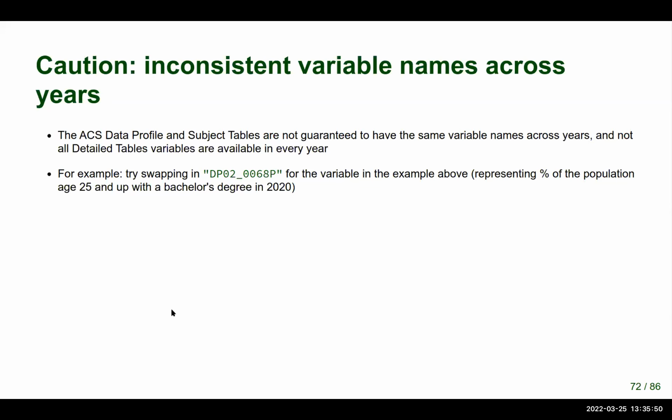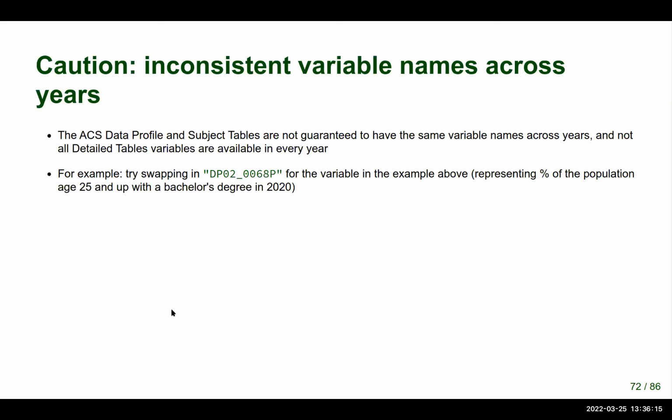The detailed tables, those variables will be consistent from year to year, but not all detailed tables variables are available in every year. The data profile and subject tables, those variables change from year to year. So there's some consistency, which makes it confusing, but if they add tables, sometimes they'll add them in the middle and then bump other variables down.